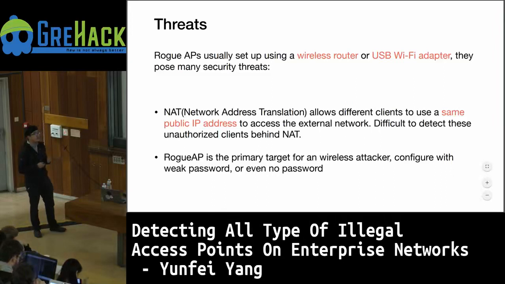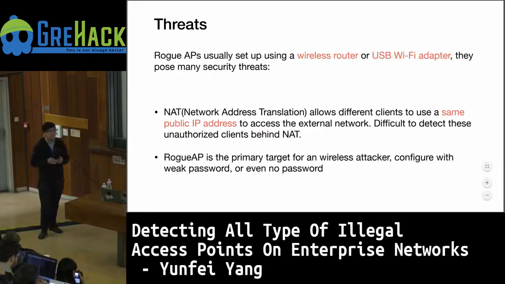It allows different clients to use the same public IP address to access the external network, and NAT makes it difficult to detect those unauthorized clients behind the NAT network. The rogue AP is also one of the primary targets for a wireless attacker, because these access points are usually configured with a weak password or even no password. So maybe anyone can access your intranet.